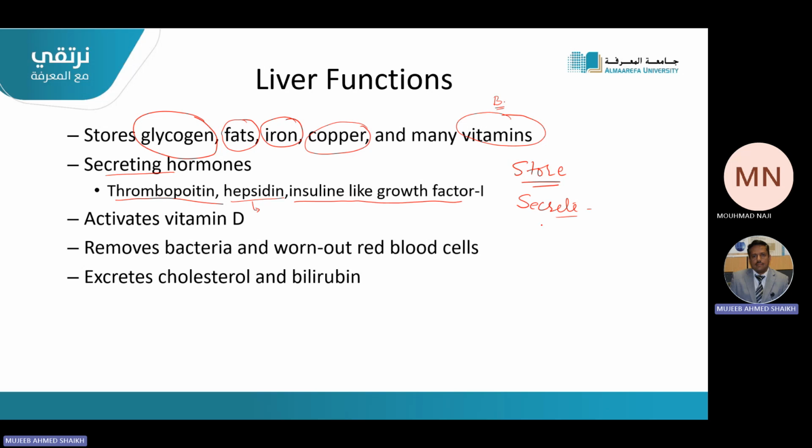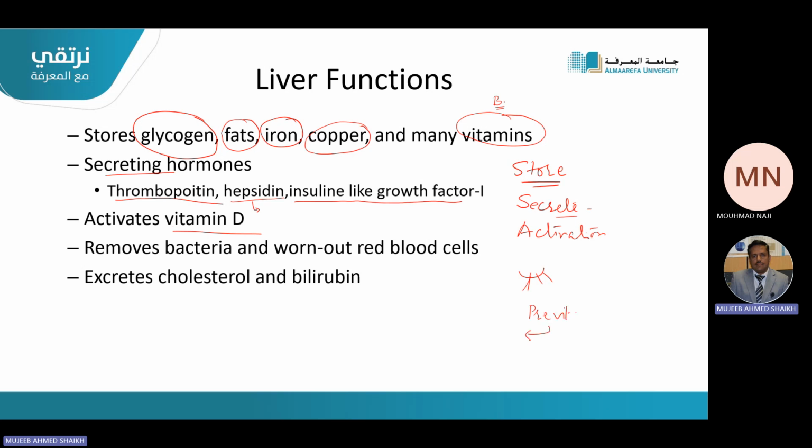It also has the function of activation. Activation of what? Activation of vitamin D. Vitamin D starts forming in the skin. When sun rays fall on the skin, pre-vitamin is formed.